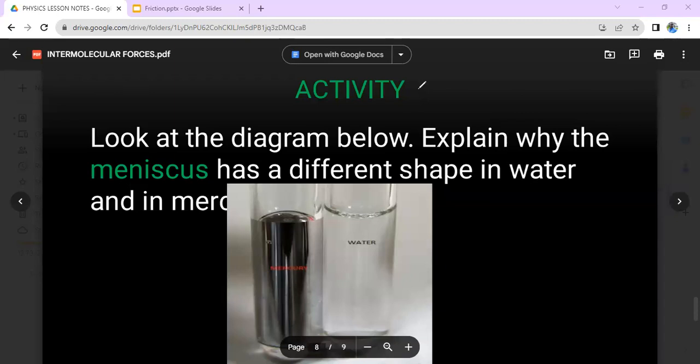Then Prima says that meniscus in water occurs when the molecules have a stronger attraction to each other than to the container, hence forming a convex meniscus. Then Henry said that I think it is due to Brownian motion.